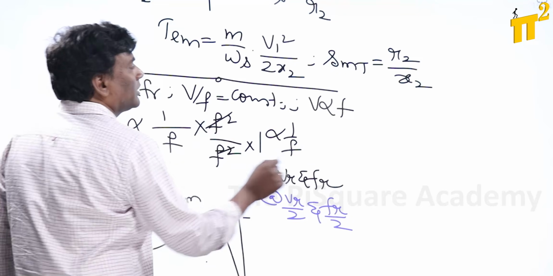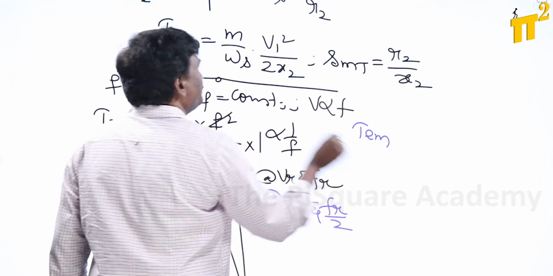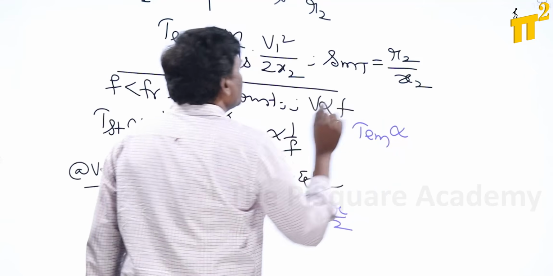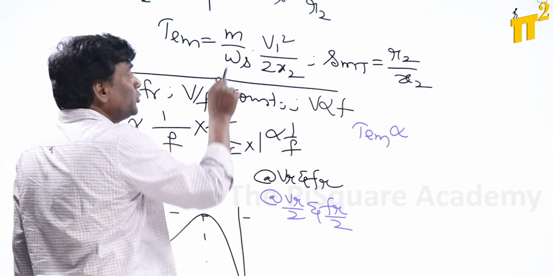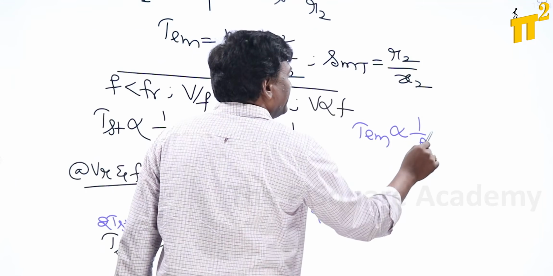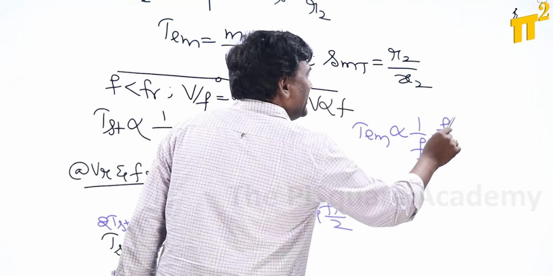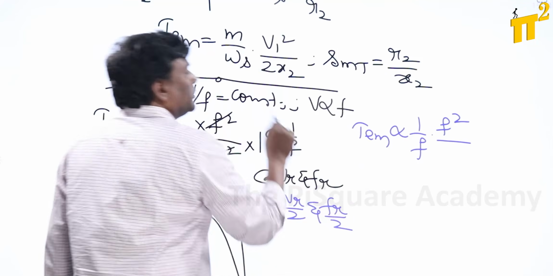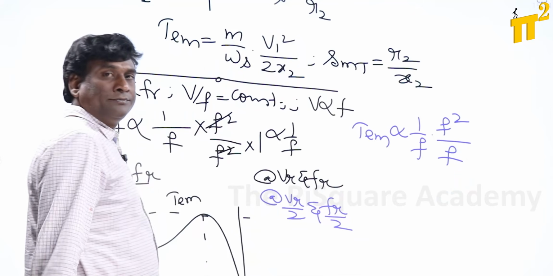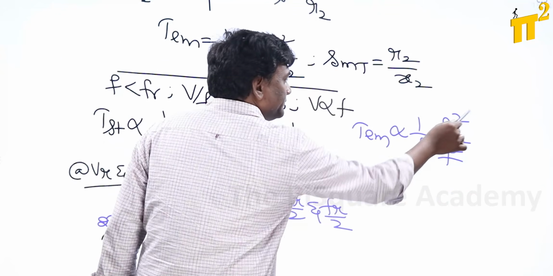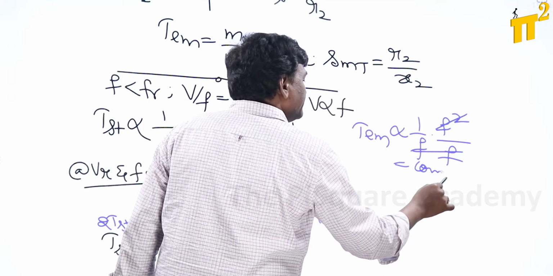T_em is directly proportional to number of phases, we are not going to change, 1 by F into V1 square, V is directly proportional to frequency, and 2x2 F. So it is going to be constant.